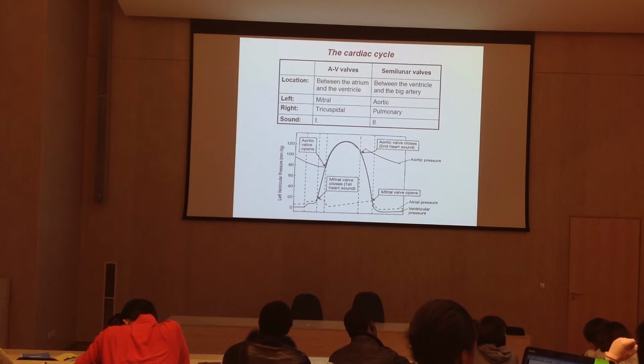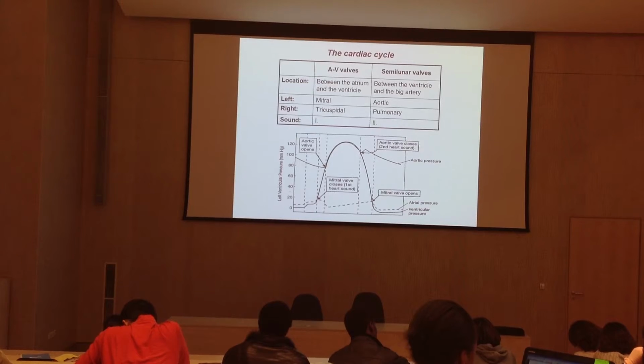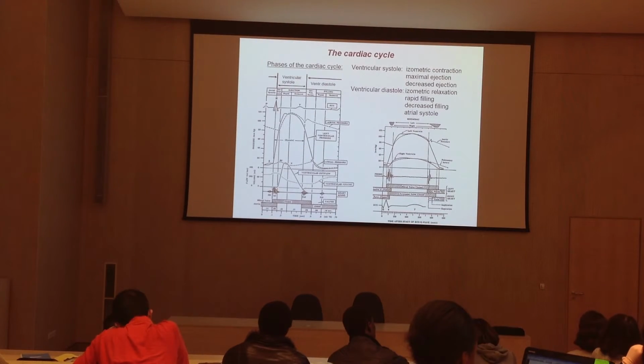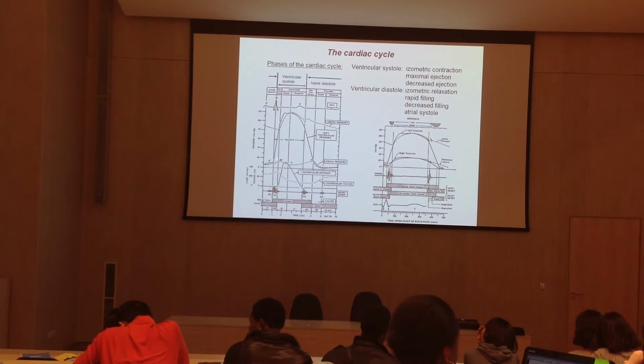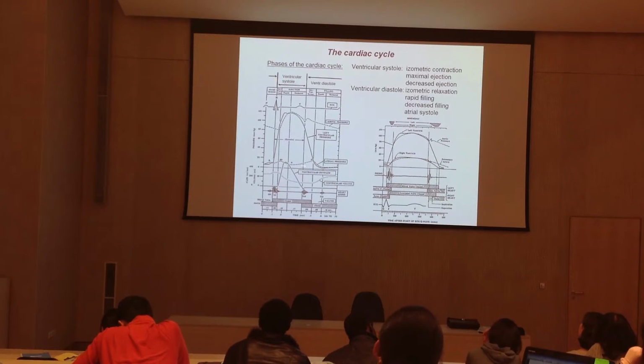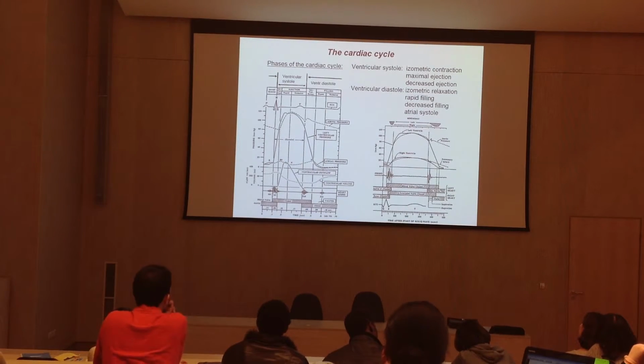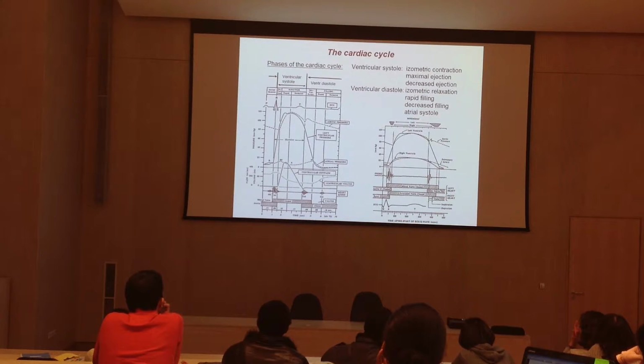Okay, now if you know the working of the valves, we can continue and maybe discuss this funny picture. Don't worry, it's not so complicated. This is a complex figure which indicates the ECG record, the aortic pressure, the left ventricular pressure, the left atrial pressure, the volume of the ventricle.